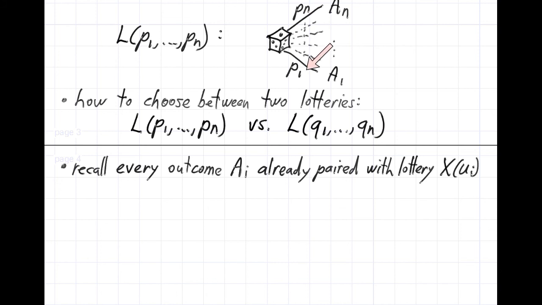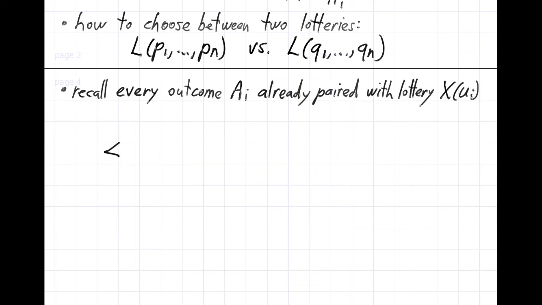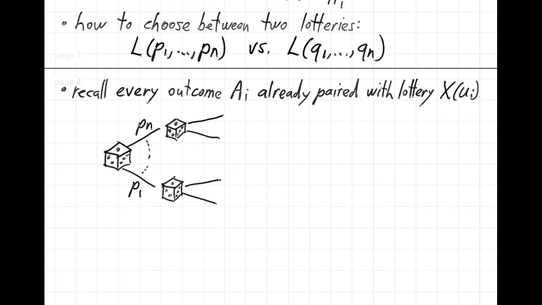So this lottery here, we can redraw, substituting the lottery X of UI instead of the certain outcomes AI. So it starts the same. There's a probability of Pn of going to the top branch, P1 going to the bottom branch, and there are all these other branches in between. And for each one of them, we replace the certain outcome with the extreme lottery.